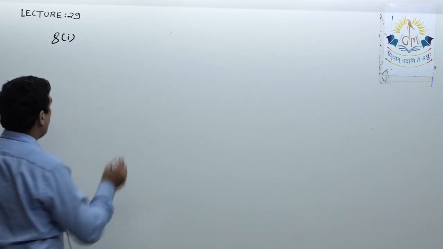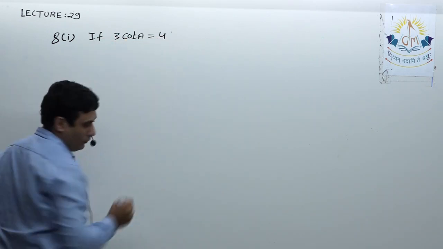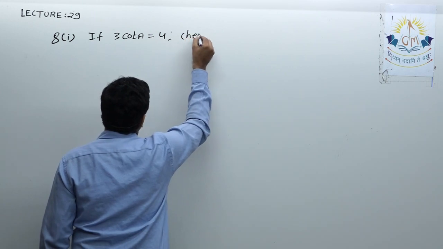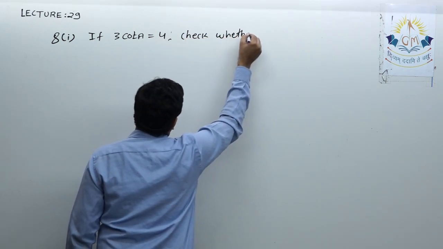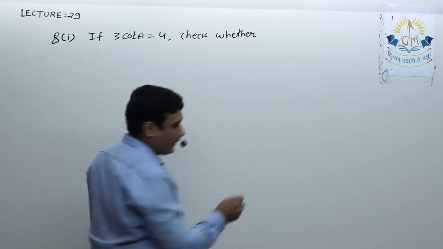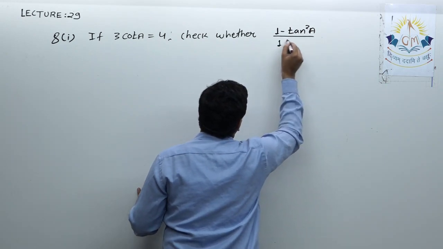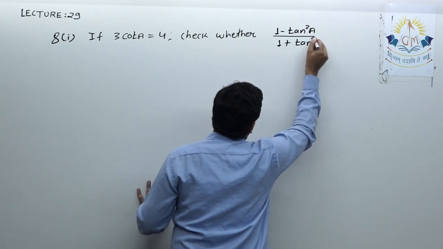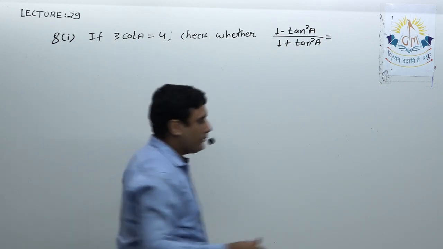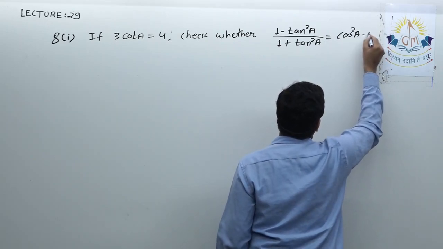If 3 cot A is equal to 4, then check whether (1 minus tan square A) upon (1 plus tan square A) is equal to cos square A minus sin square A or not.